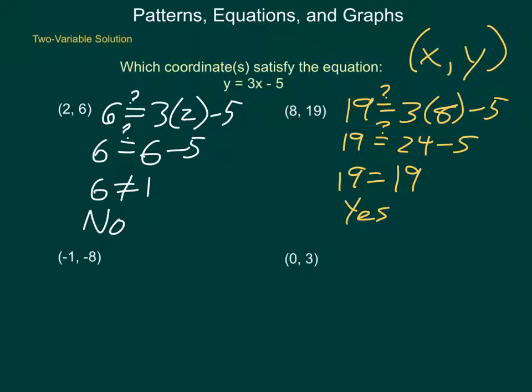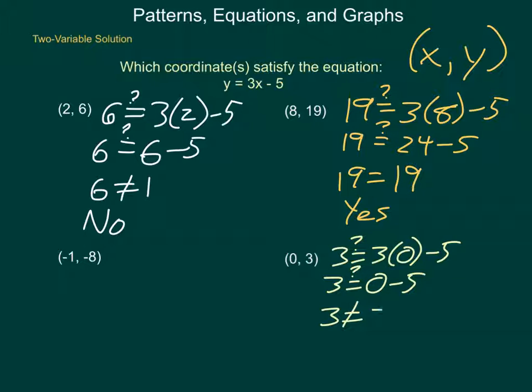0, 3. So is 3 equal to 3 times 0 minus 5? So we get 3. I want to know if that's equal to 0 minus 5. 3, in fact, does not equal negative 5. So no, this is not a solution. Our last one, negative 1, negative 8.